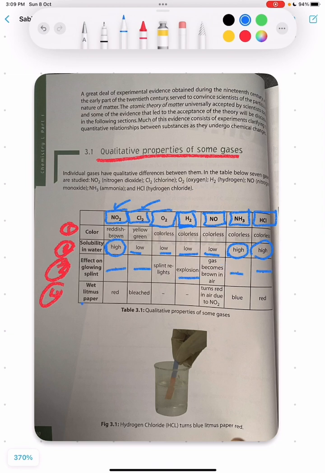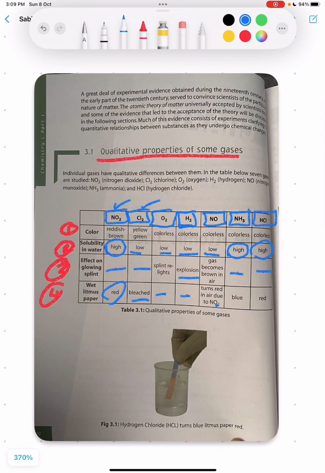The last one, litmus paper. For nitrogen dioxide, it's red, so the litmus paper is changed into red, okay? For chlorine gas, it is bleached into white. For O2, nothing. Hydrogen, nothing.